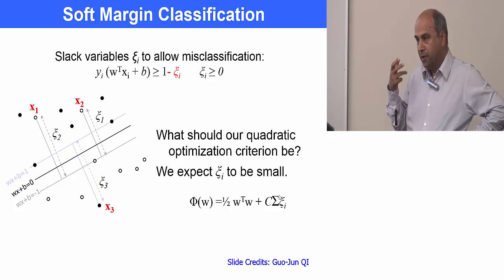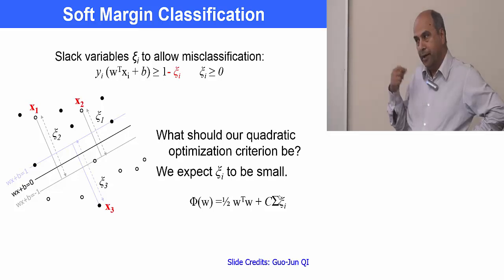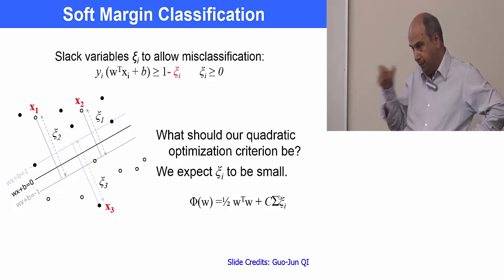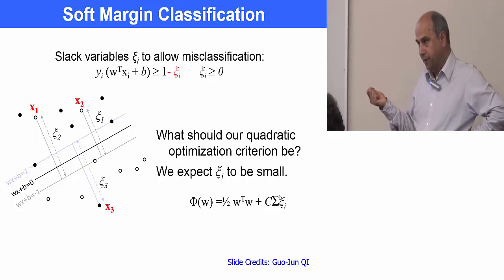But if this function is not quadratic, then we will have a problem, and we will not be able to minimize that function very easily. And that's the main point, and that was the big thing with SVM, that at the end, the way they formulated it, it becomes a quadratic function, and then you can just use that, and it works pretty well, and is a very fast algorithm and so on.